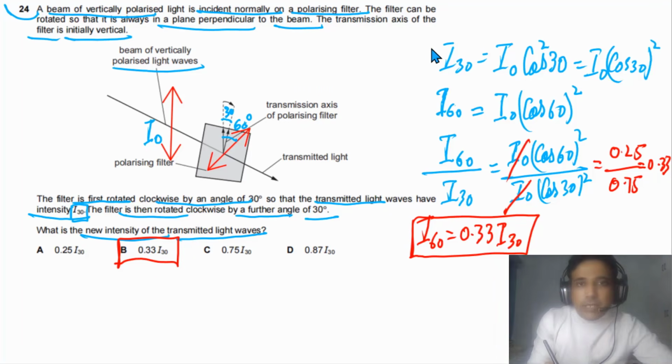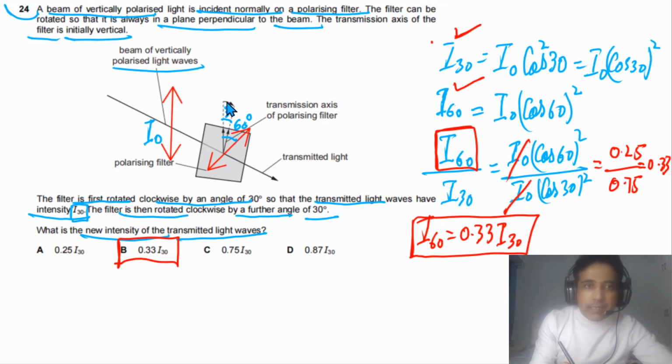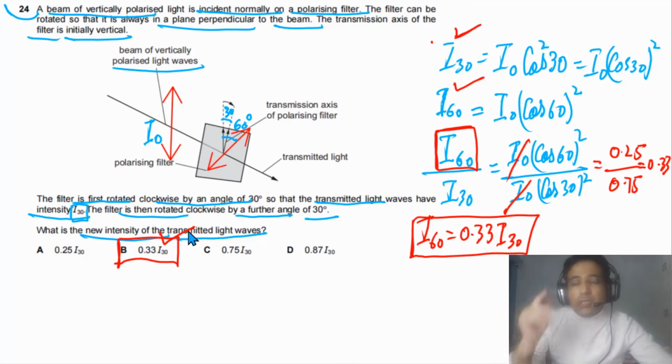That's the reason we have to use two cases: first for an angle of 30 degrees, then for an angle of 60 degrees. Then you can solve to calculate I transmitted when the angle between the transmission axis and vertical is 60 degrees. So the answer for this question is B. I hope this is clear to you. If you have any questions, please leave them in the comments.